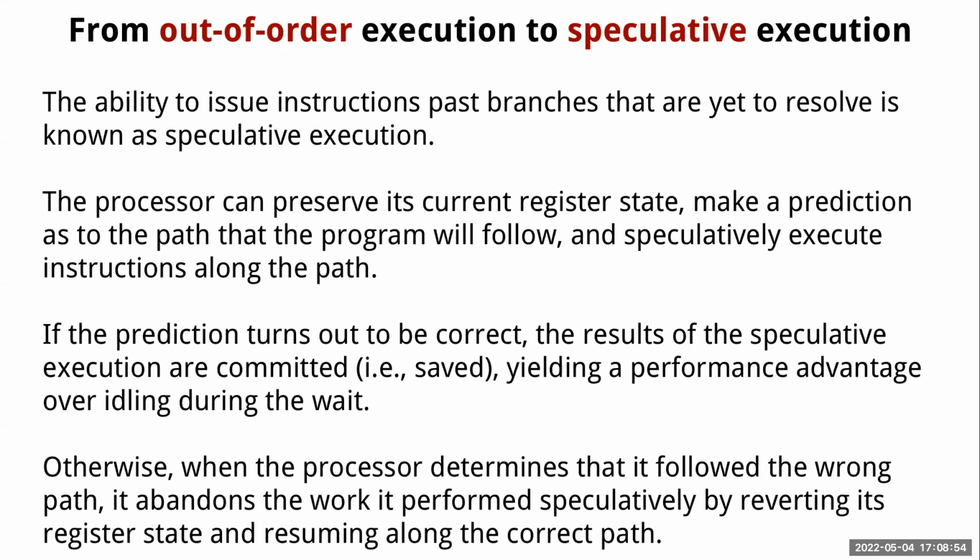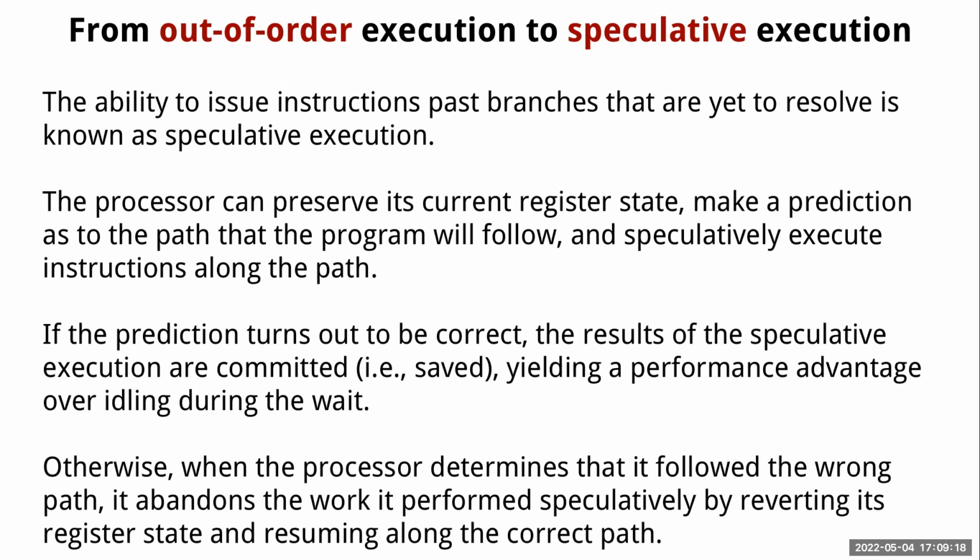Because of this, the CPU didn't waste any time waiting for the result of the predicate. However, if the prediction is not correct, the CPU will abandon the work it performed and revert its state, including register state and also memory state.